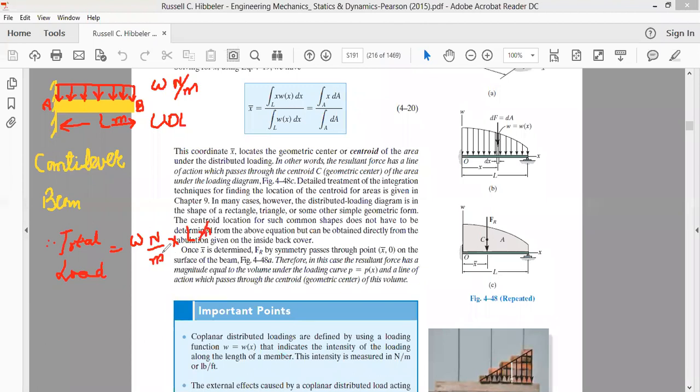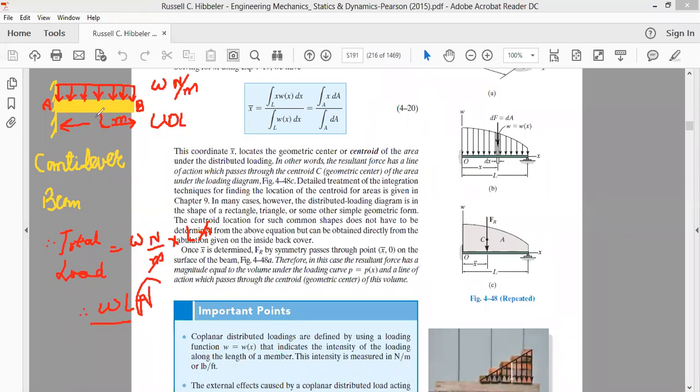Meter and meter cancel, so the total load is equal to intensity multiplied by length, WL. The units will be in Newtons. So W into L is the total load acting on the beam.